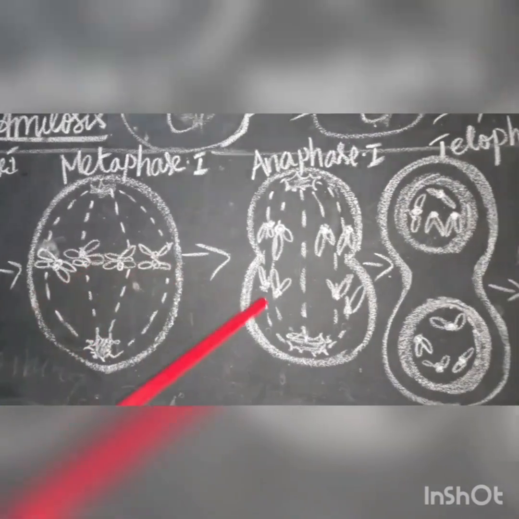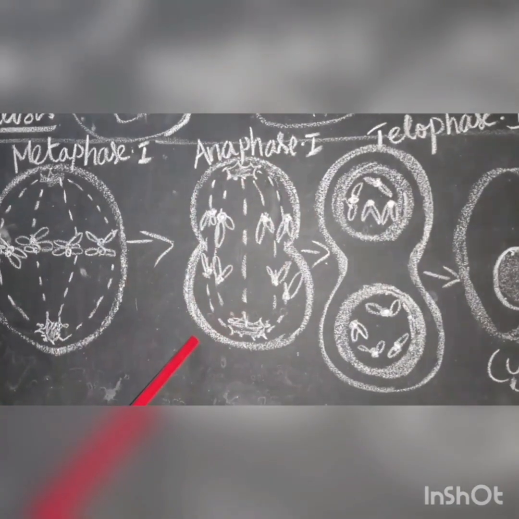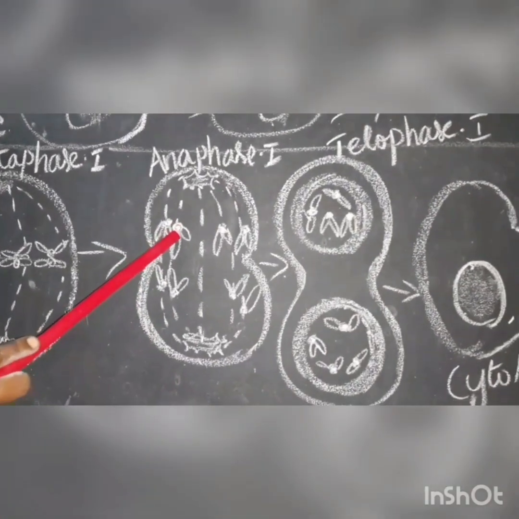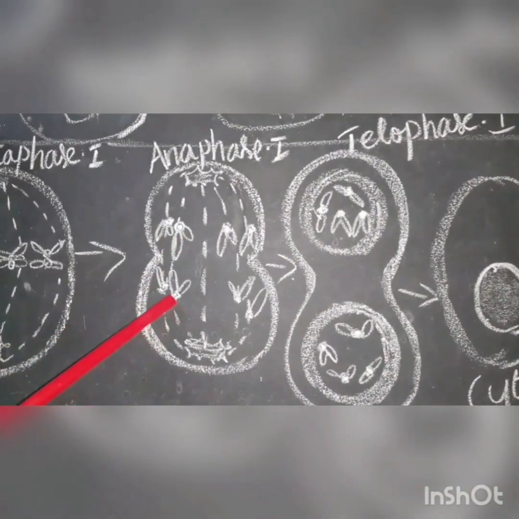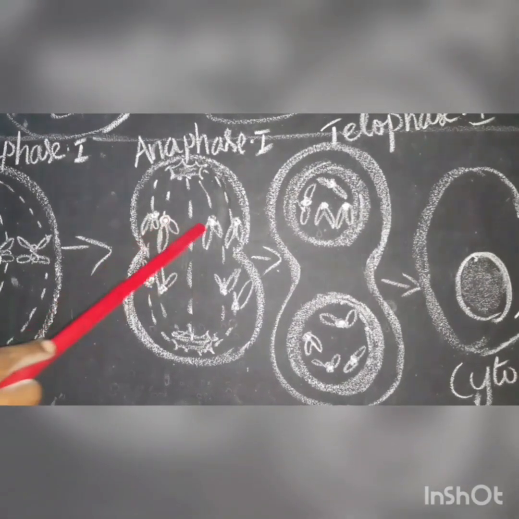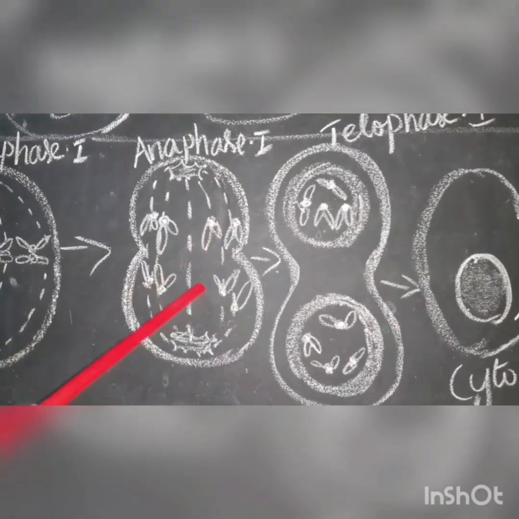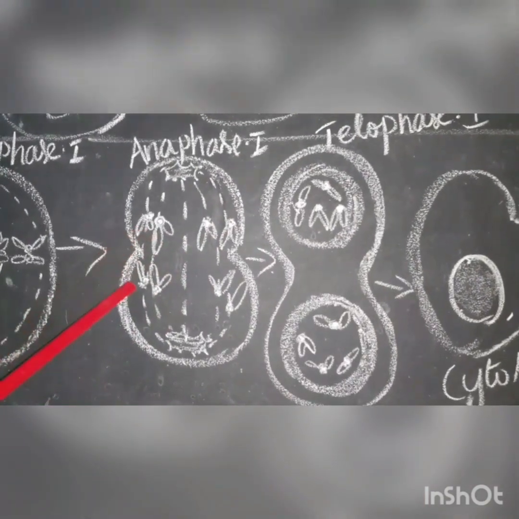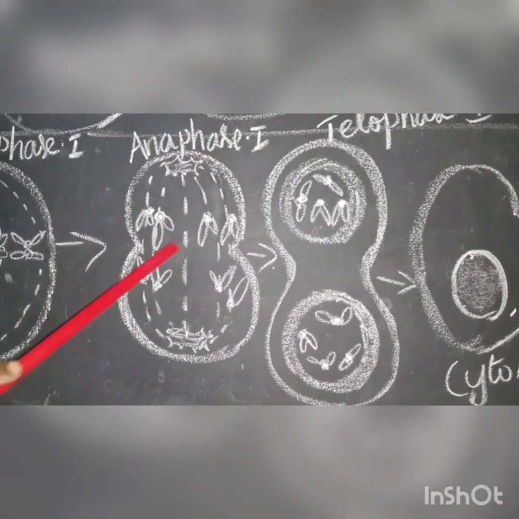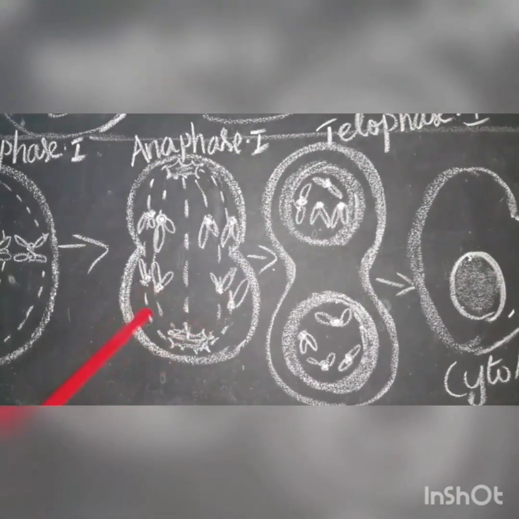The next one is the anaphase. Here the centromere with the chromatids divides and the chromosomes move towards the opposite poles. The daughter chromosomes are pulled by the contraction of spindle fibers.